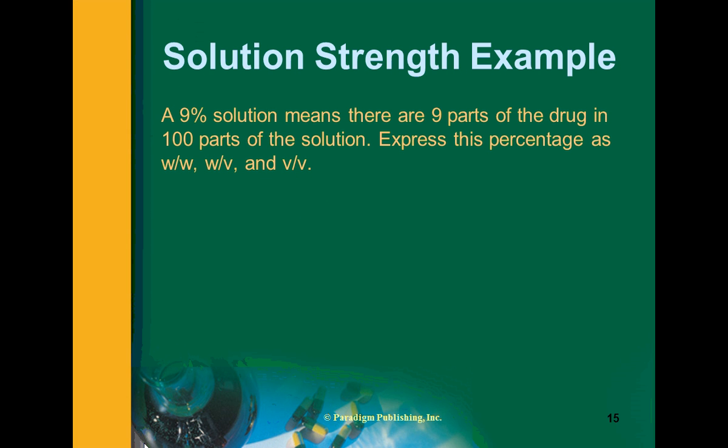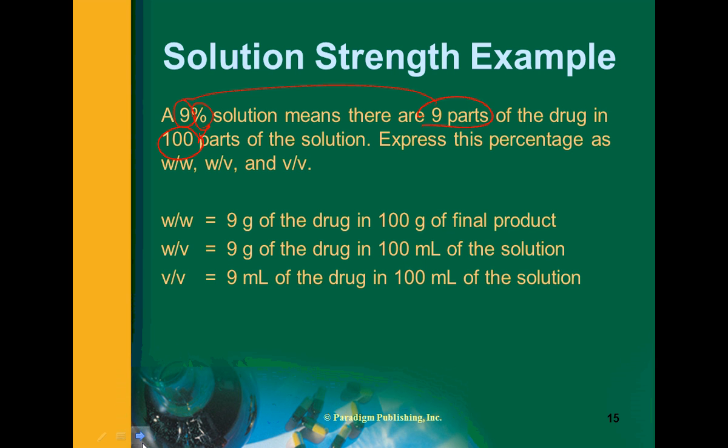So right here we have an example of a 9% solution, which means there are 9 parts of the drug in 100 parts. And remember, percent always refers to 100 parts. So that's where you get the number 9 of the drug in 100 parts. So the percentage is the 100 parts. You can express that in either weight and weight, weight and volume, or volume and volume, which we give you here.